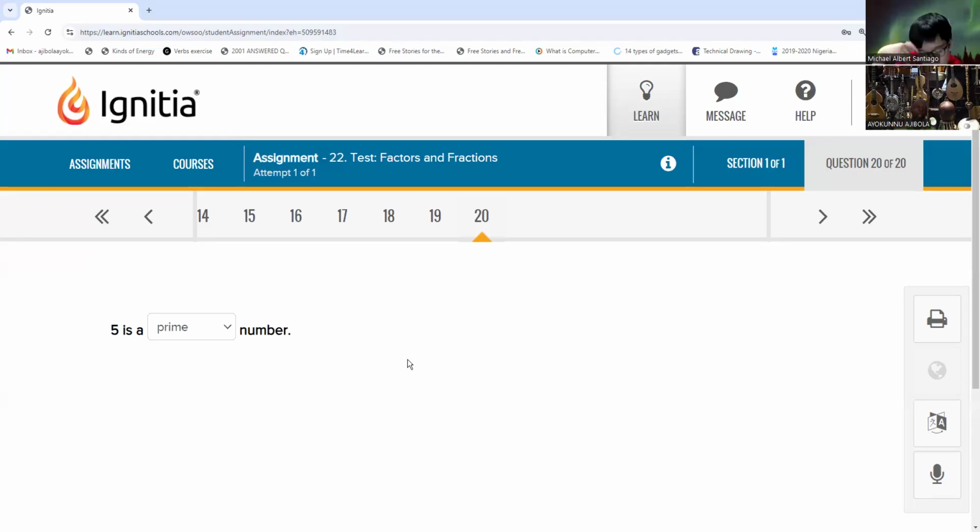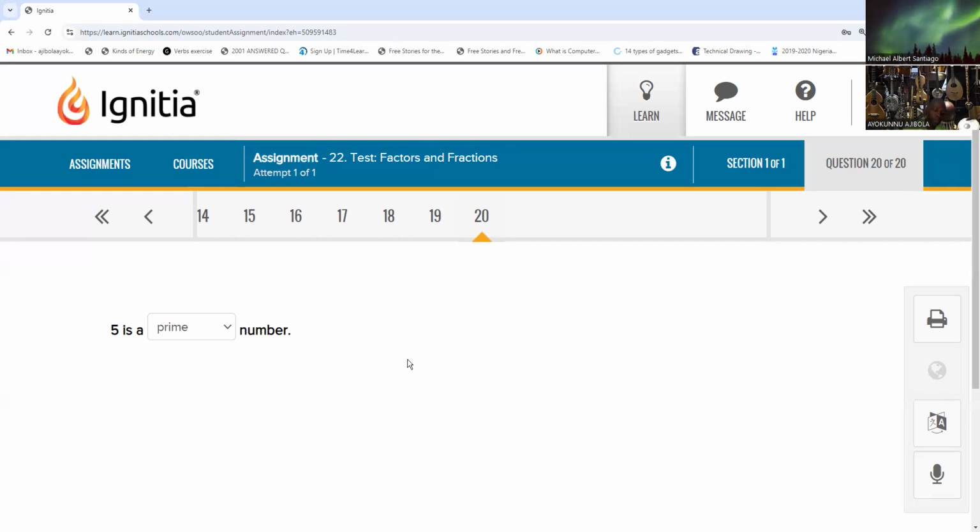Give me another prime number. What about 6? 6 has other factors. What are the factors of 6? 1, 2, 3, and 6, right?